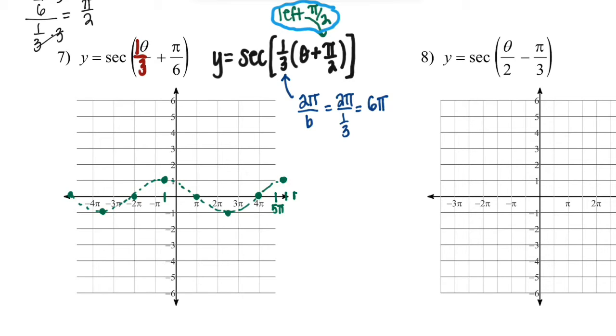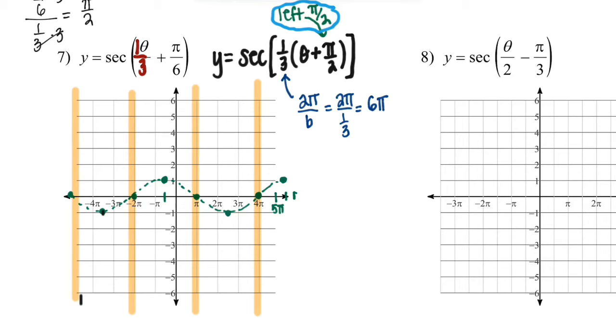Now where the cosine graph crosses the x-axis or the midline, we have the asymptotes. And then at all of the minimums, we have the U's that are opening down.